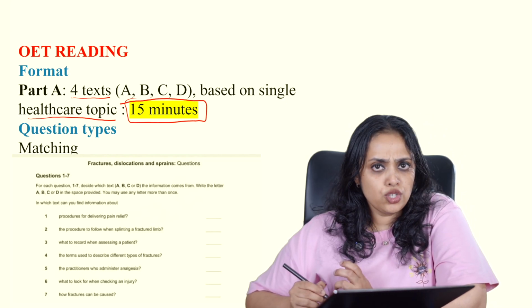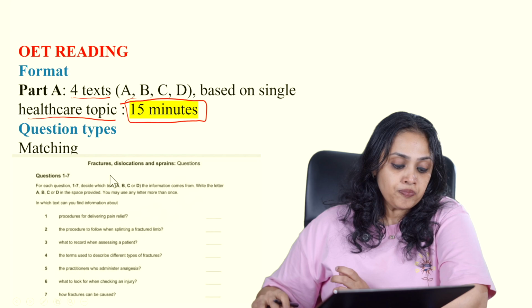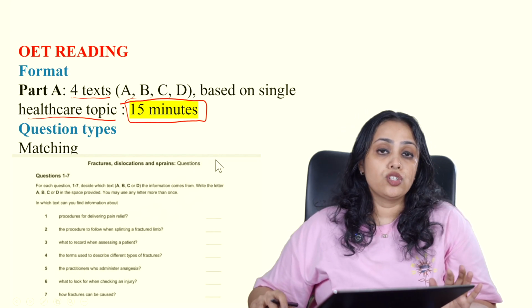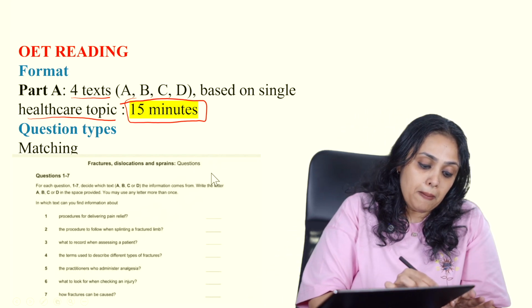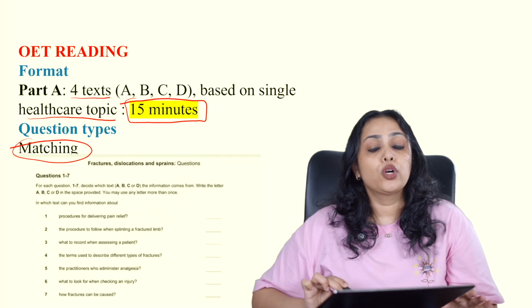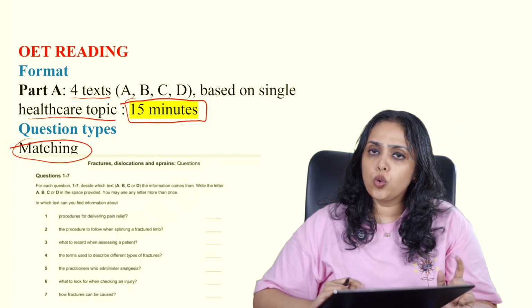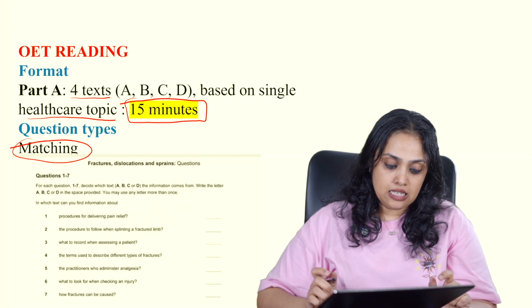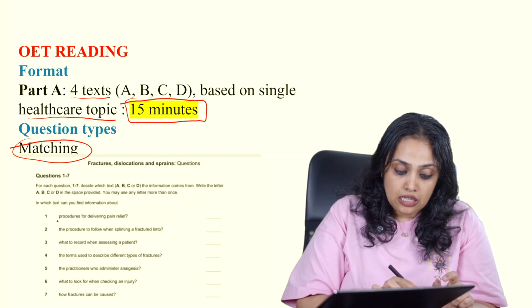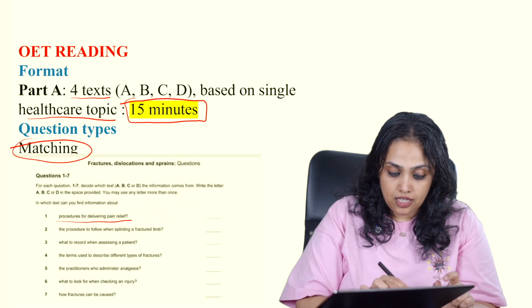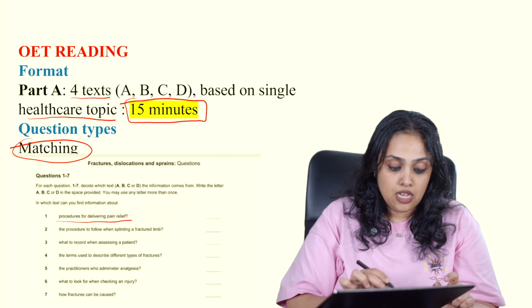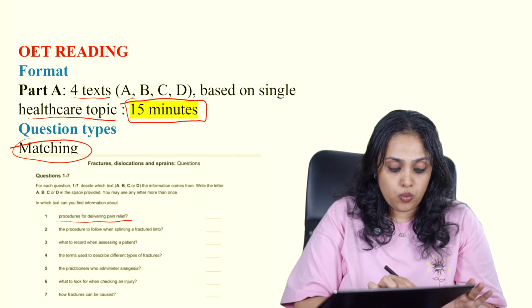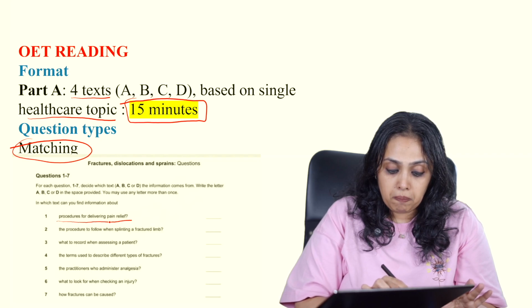Now what kind of questions you get in part A, I'll show you. In part A, the first 7 questions, question number 1 to 7, would be matching questions. You have to quickly run your eyes through the 4 different texts, and based on that understanding, match a specific piece of information given in a question to one of these texts. Suppose for instance, the first question, procedures for delivering pain relief.